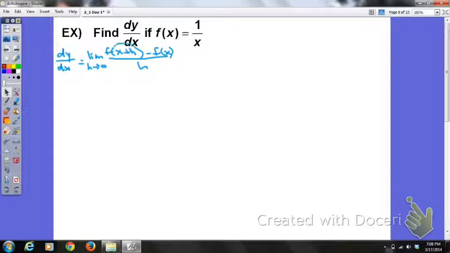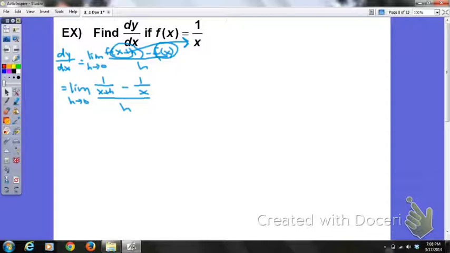So I need to take my x plus h, plug it into my f of x function. So my dy dx is equal to the limit as h approaches 0 of 1 over x plus h minus our f of x function, so minus 1 over x, all over h.